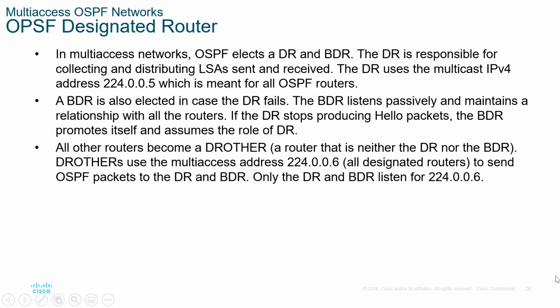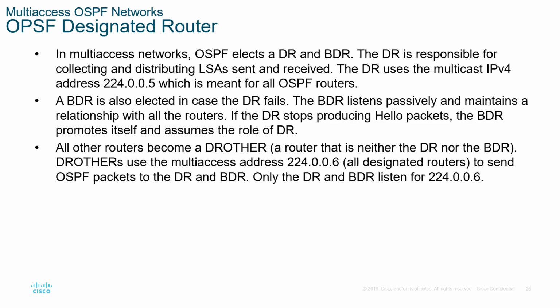So what basically happens is, because this guy will only send the information to the DR and the BDR, we need to create a multicast group for these designated routers. When these guys send information, it will only go to the DR and BDR. So we're basically going to have multicast group addresses.